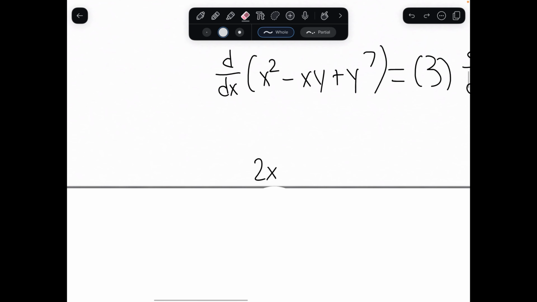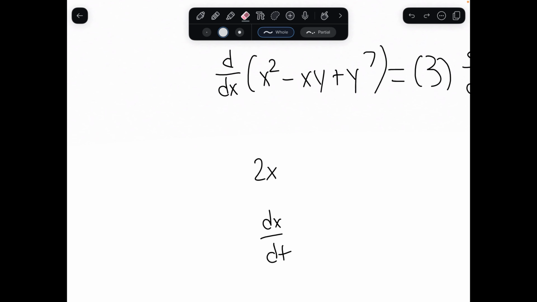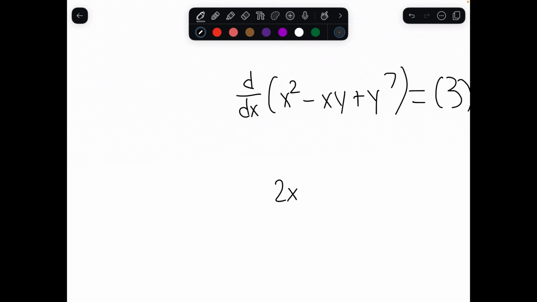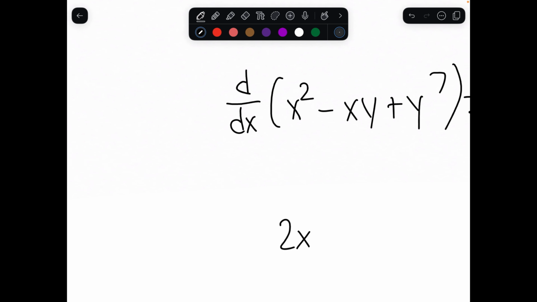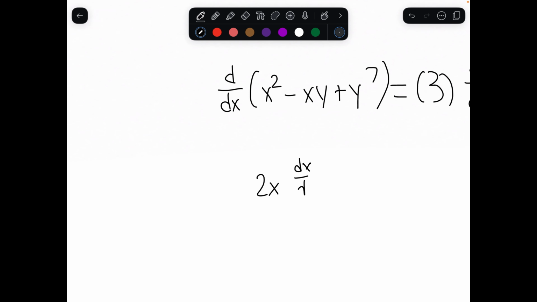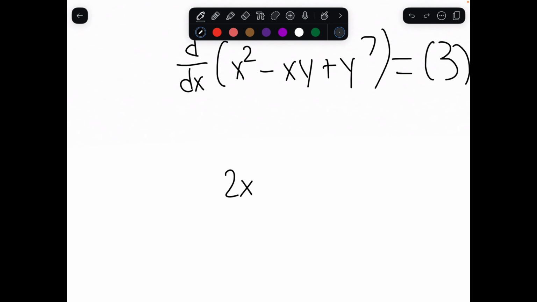But in this problem, we're taking it with respect to x, and the variable is the same when you take the derivative of x squared, because it's dx over dx, and that just cancels out to 1. That's where the whole concept of implicit differentiation comes from. Okay, so that part's done.